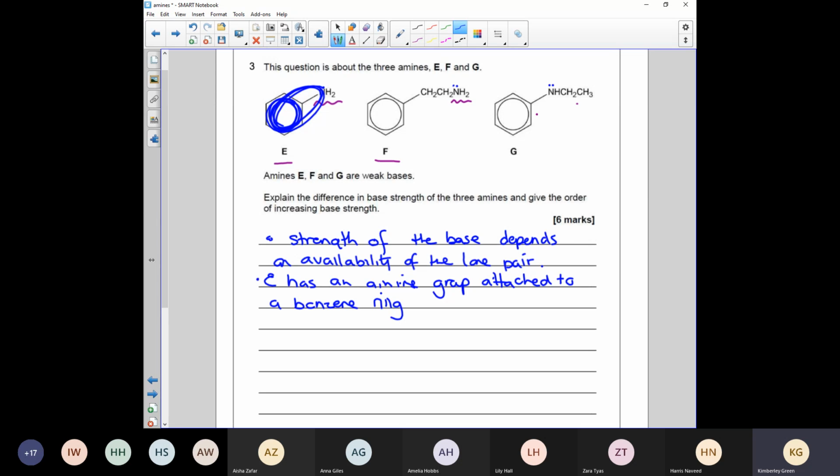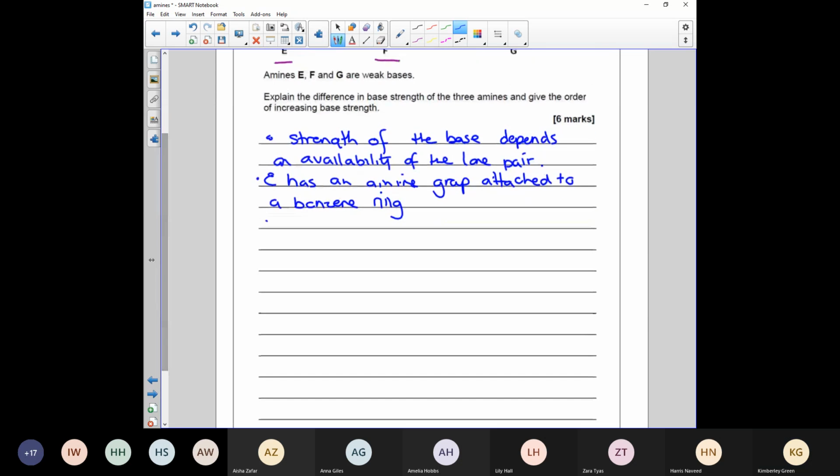So in E, our lone pair becomes delocalized into the ring. What does that mean in terms of the base?